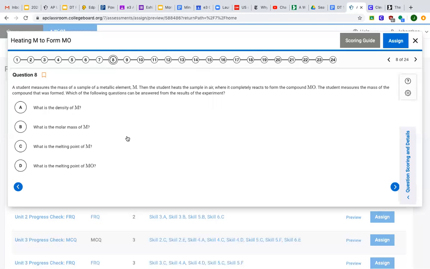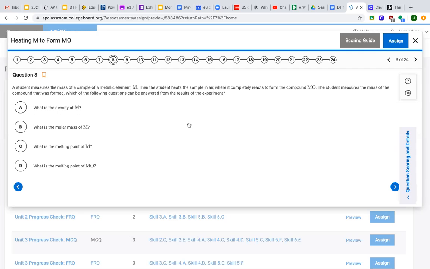Yeah, that's right. You can totally do that because you know that it's MO, and so you know how much M you started with. When you form this compound MO, if you've got the mass of the compound, you can say, I know it's MO, and I've got this mass, so all the additional mass is from oxygen.